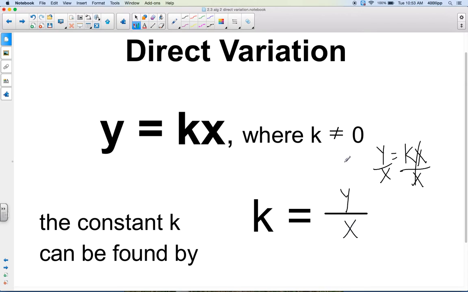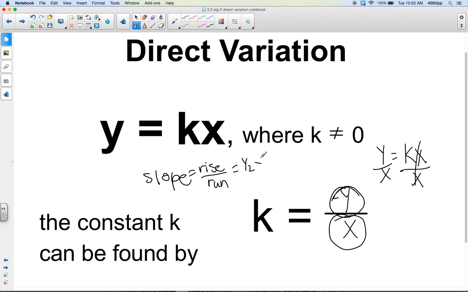And we can remember this because we know that for slope, we always have the change in y, our rise, over our change in x, our run. So it's the same as your slope. We know that our slope is rise over run, or your change in y over your change in x.